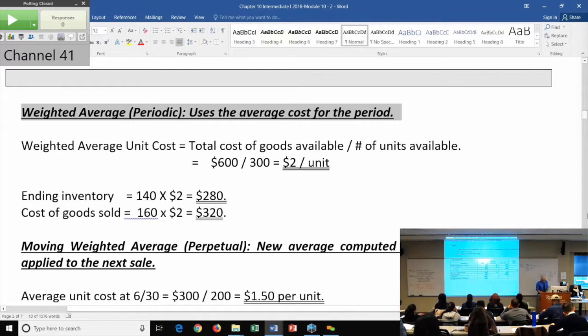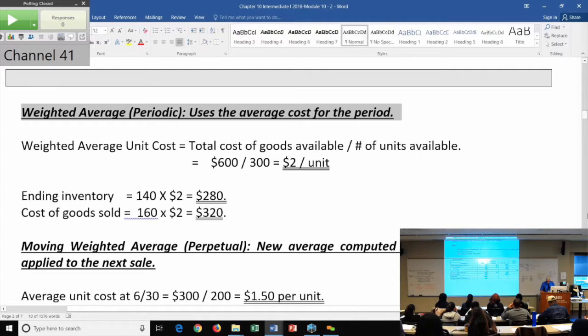Let's try it. Let's say it's 100 times 1 and 200 times 2. There'll be more weight on the $2 purchase, and then you have 300 units. You got 5. So now you're going to get a different number.